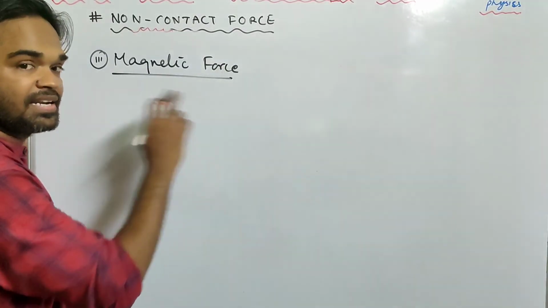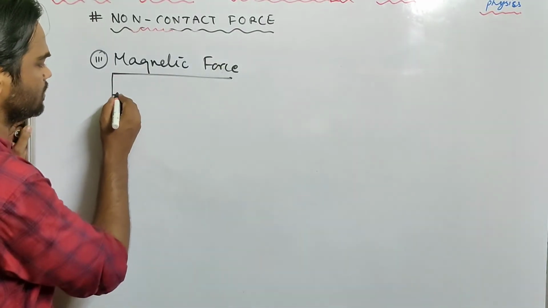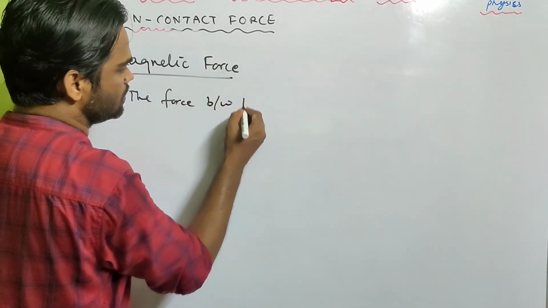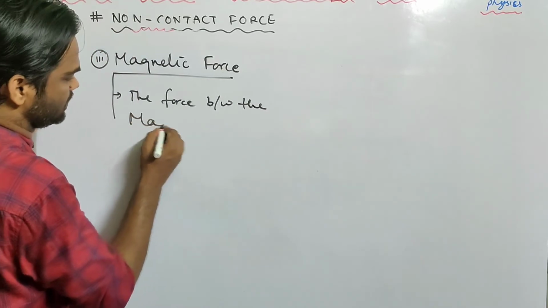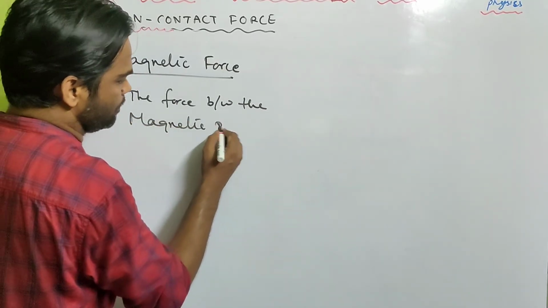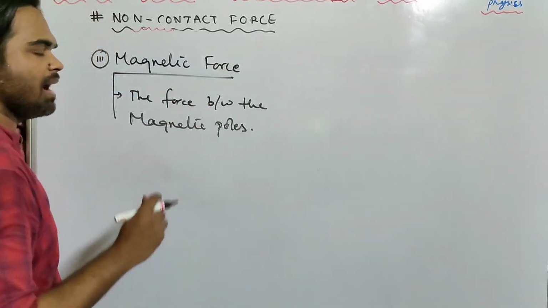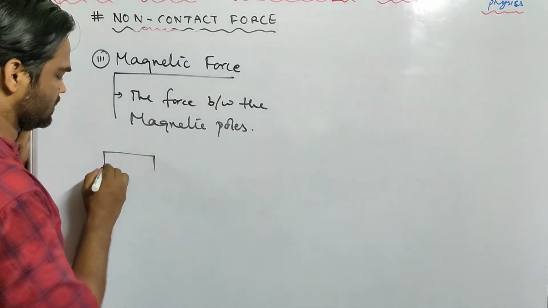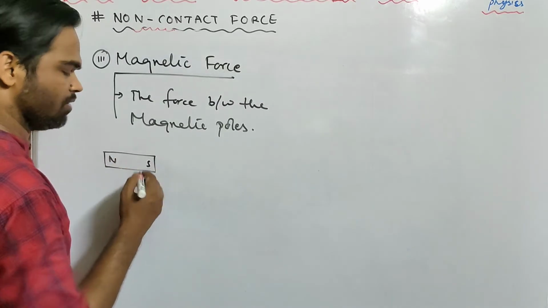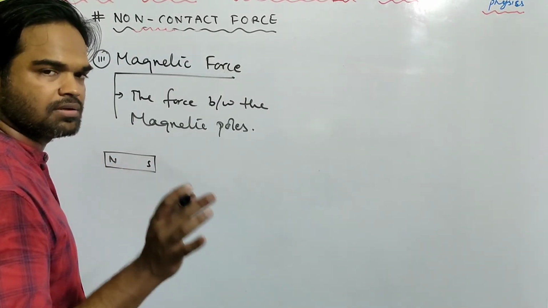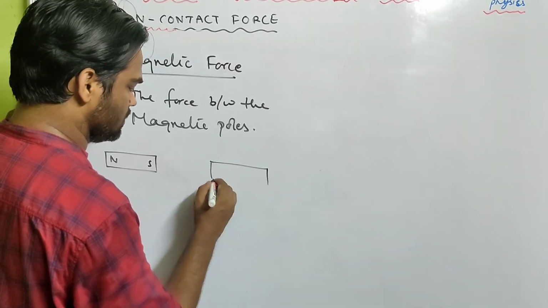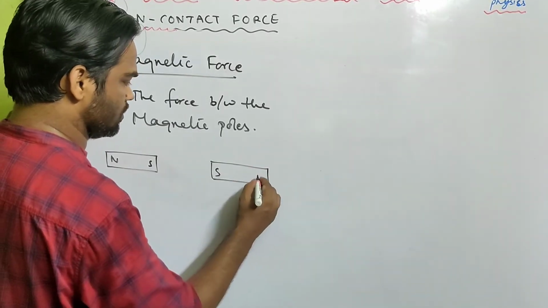There is one more. Now let us see magnetic force. What is this? Very simple. The force between the magnetic poles is known as magnetic force. Suppose you take two bar magnets. Suppose this is north pole, south pole. A magnet has two poles at its end, north and south. And suppose we have another bar magnet, south pole and north pole.